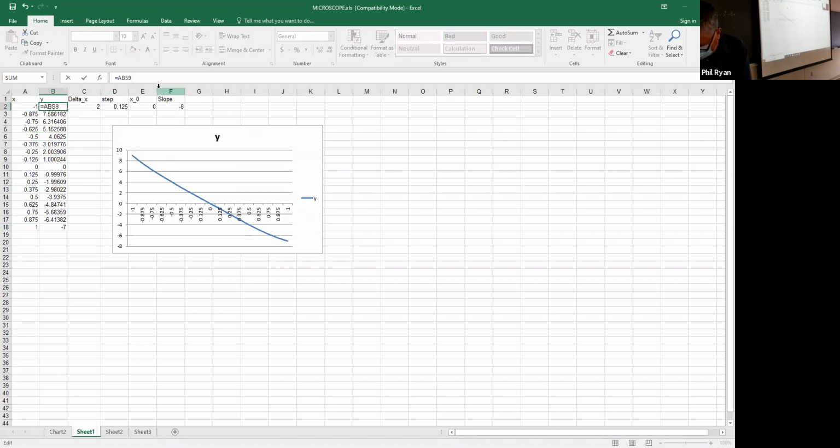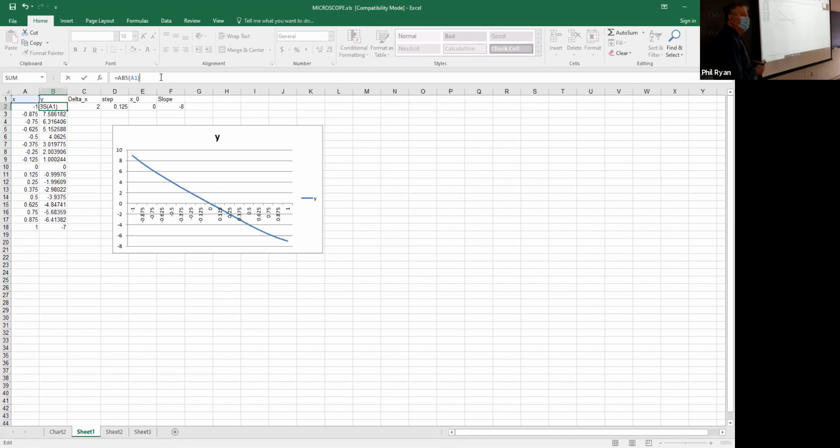I'm going to have it equal ABS of A1. Okay, so the function ABS stands for absolute. So now our function is f of x equals the absolute value of x. Has everyone seen this function before?